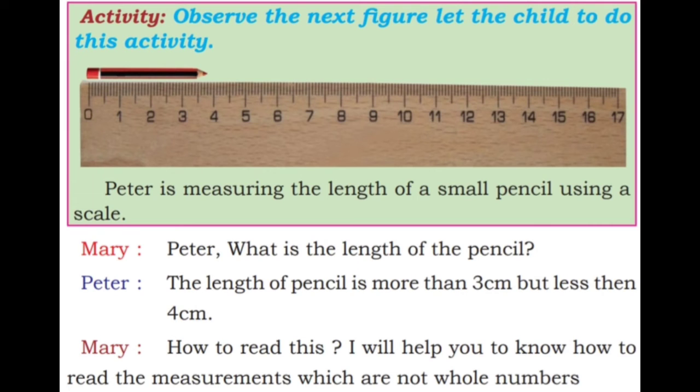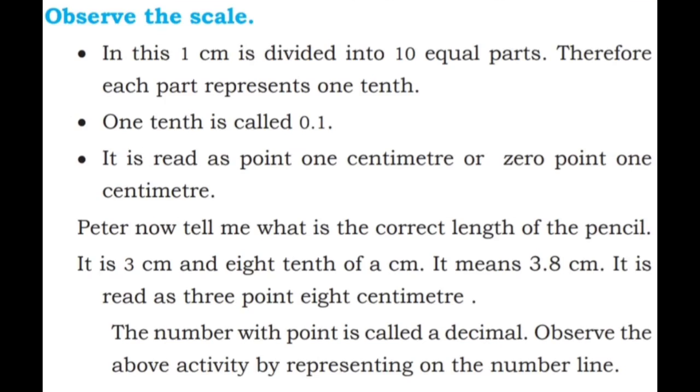I will help you to know how to read the measurements which are not whole numbers. Observe the scale. In this, 1 centimeter is divided into 10 equal parts. Therefore, each part represents 1/10. 1/10 is called 0.1. It is read as 0.1 centimeter.